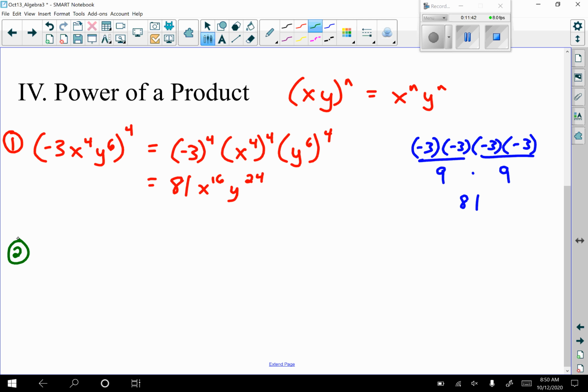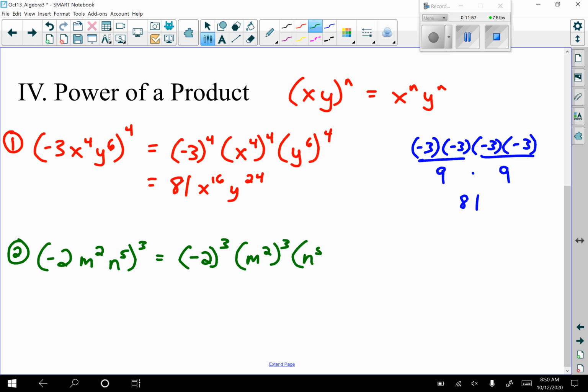Let's take a look at negative 2, m squared, n to the 5th. Now let's cube this. So now we're going to get negative 2 cubed, m squared cubed, n to the 5th cubed. Now you don't have to write it out this way. I just think it's easier, especially as we're going back over this, if it's been a while, just to make it a little bit easier here.